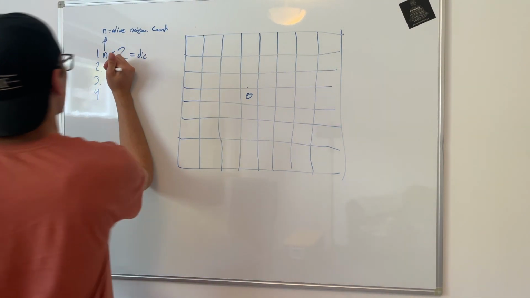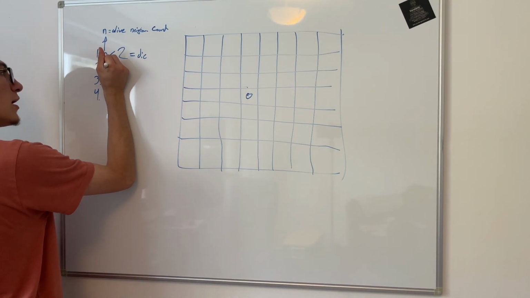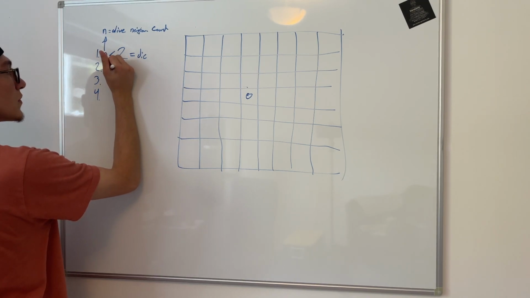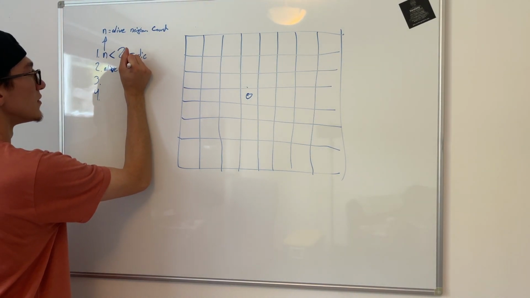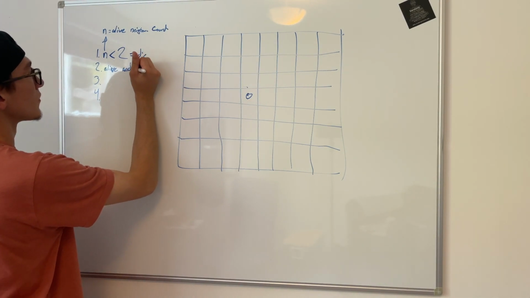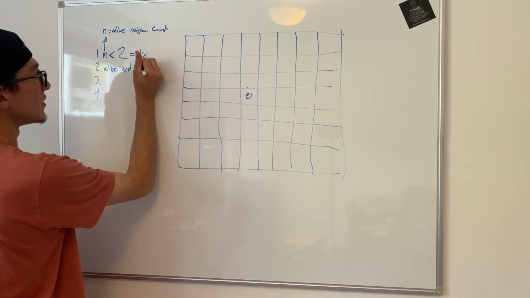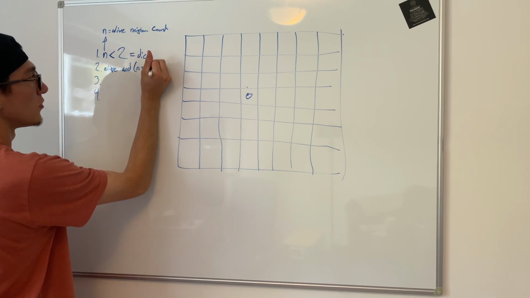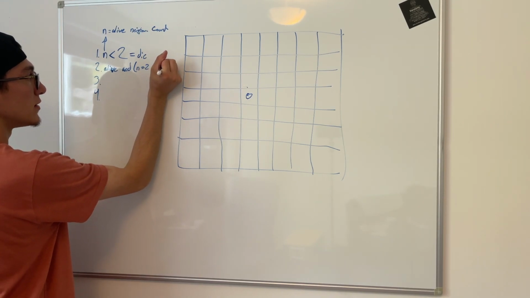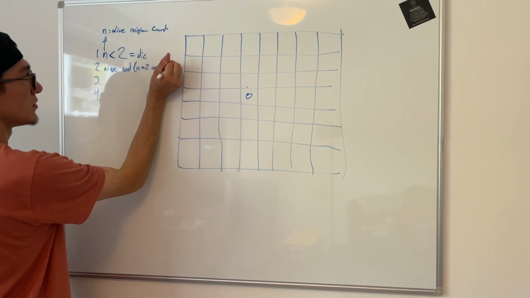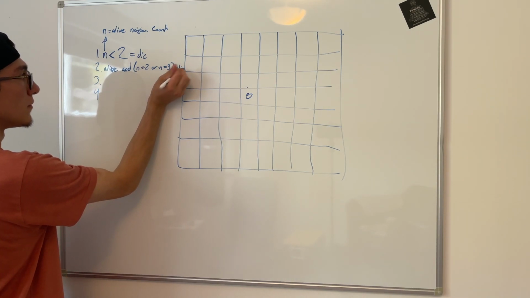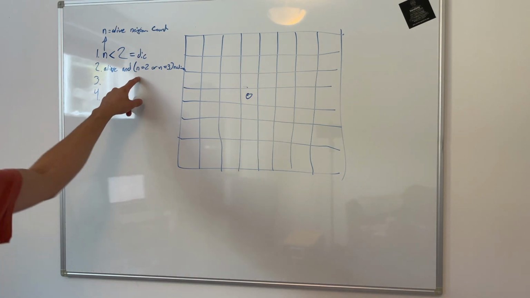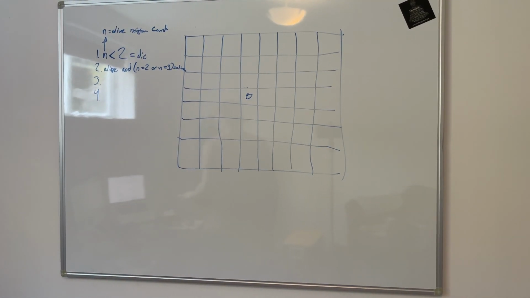Any alive cell with 2 or 3 alive neighbors, okay, so if alive and n is 2 or n is 3, then alive. So you stay alive if you have 2 or 3 neighbors that are alive.